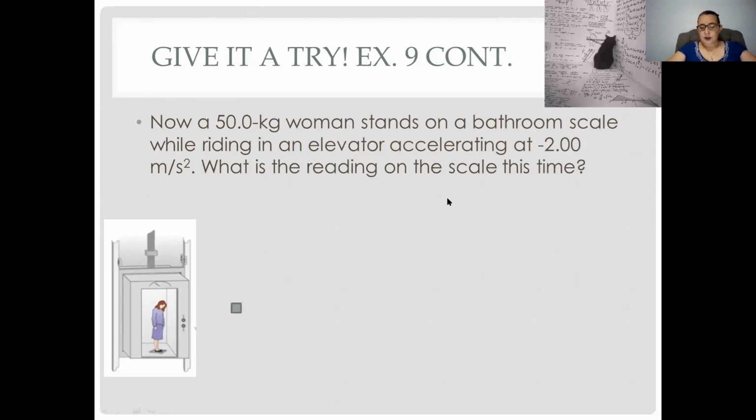Okay, we're still going to start off with our free body diagram, showing all of the forces acting on this lady. So again, we have her weight pushing down. The weight is the same as previously because her mass stayed the same and the acceleration due to gravity stayed the same. So no change there. Again, we need to find what that normal force is to know what her apparent weight is.